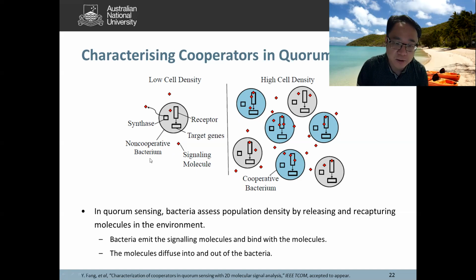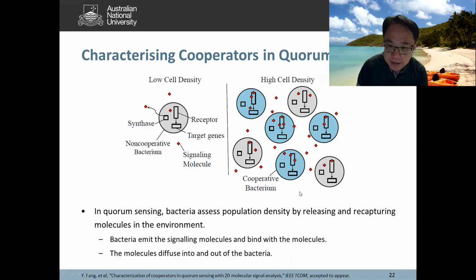Then typically bacteria do not cooperate with each other. But if we have a high cell density, then all these bacteria will release molecules into the environment, and then they will recapture these molecules, no matter whether these molecules are released by themselves or by the other bacteria. The bacteria release the molecules and then bind with them, and these molecules will diffuse into and out of the bacteria.